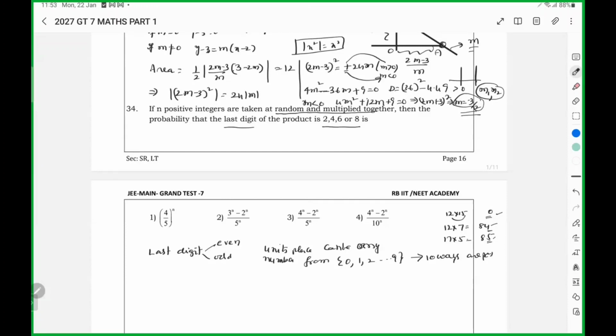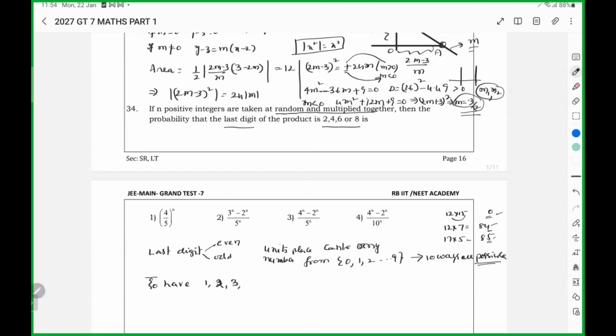So 10 ways are possible. But to answer this particular question, to have 2, 4, 6, 8, first what I am doing is to have one other than 5.